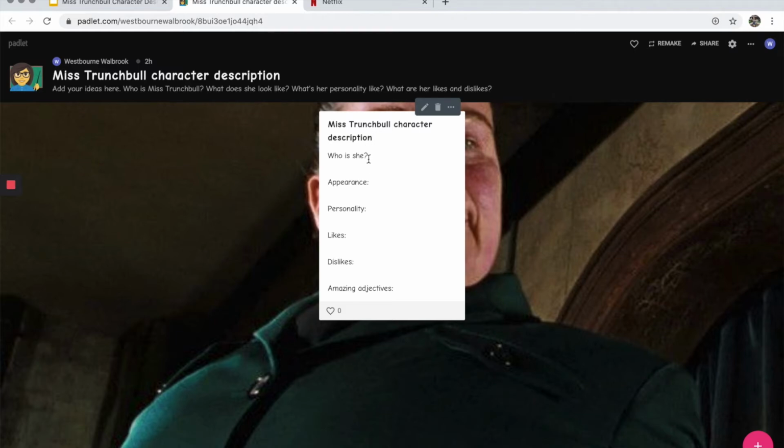Who is she? Her appearance, her personality, her likes, her dislikes, and any amazing adjectives that you might want to include when you write your character description. So once we have read the book, we can come to the Padlet and write down any of your ideas, and you can also borrow other people's ideas that you see.